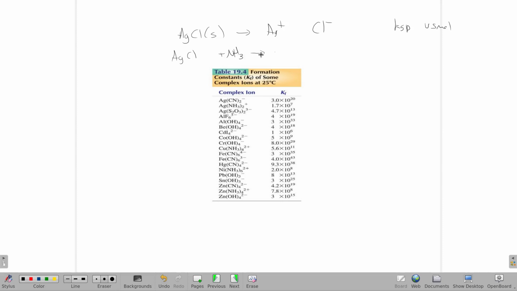And instead of actually having just this equation, we're going to form some silver complex. And this K for this equation will be that KSP multiplied together with the Kf, or some combination of them. And because the Kf is very, very large in most cases, we get a nice little shift.